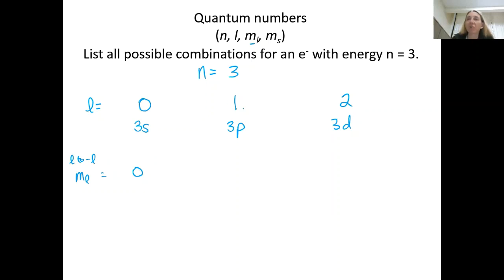If L equals 1, then M sub L can equal negative 1, 0, or 1. And if L equals 2, then M sub L could equal negative 2, negative 1, 0, 1, or 2.